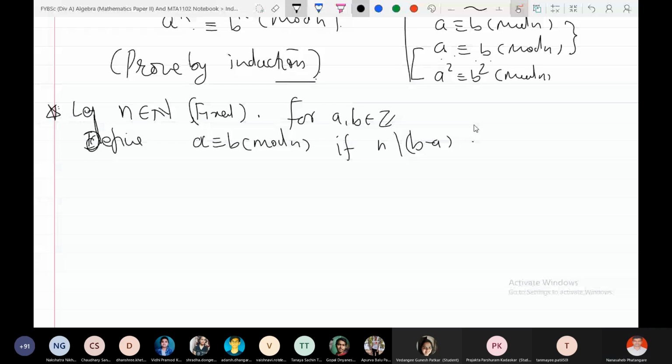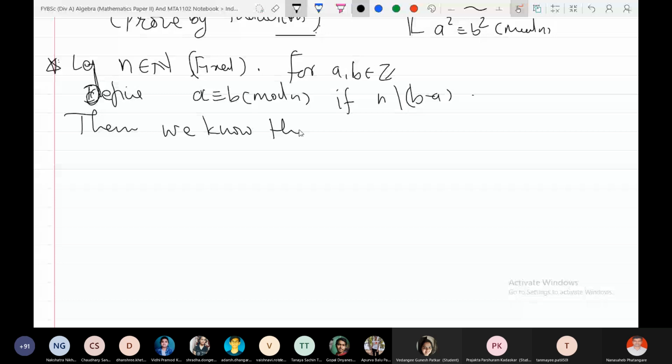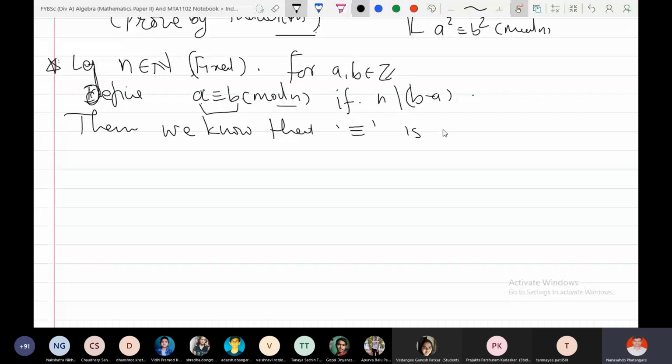Then we know that A congruent to B means A is related to B modulo n if n divides B minus A. This is then an equivalence relation.